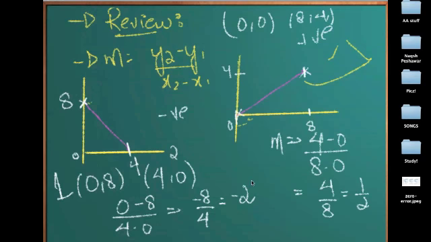And whenever I see a negative sign, this should tell me that the line is decreasing like this. From this, we've also learned that if you see m equals minus 2, you can always put a 1 in the denominator.